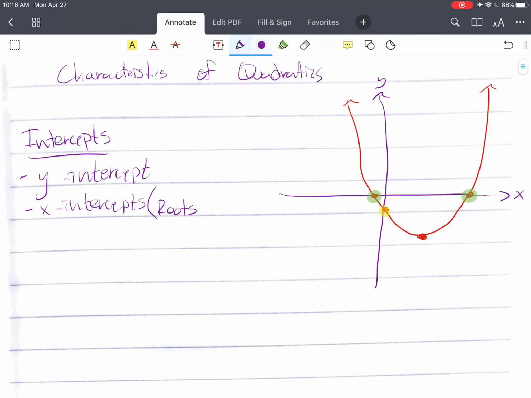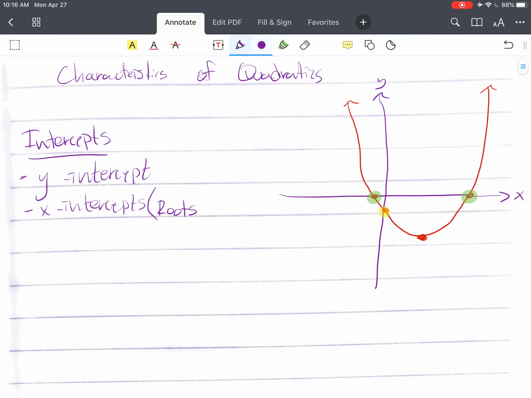If we talk about the roots of a quadratic, they're talking about these green points over here, where it's crossing on the x-axis. Another word used for x-intercepts is zeros. The reason being is at these x values, y is equal to 0.